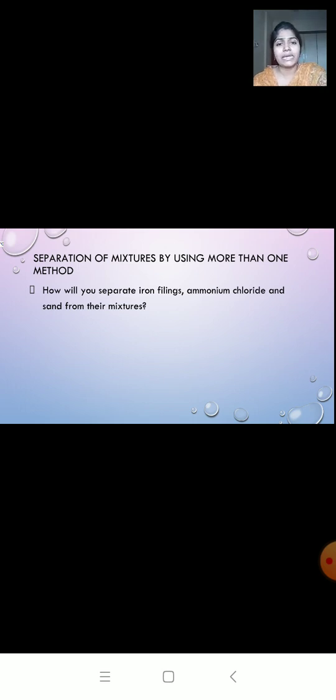What will happen to sand? Nothing. It will remain unchanged. So for such kinds of mixtures, we can use 2 separating techniques: magnetic separation for separating iron filings and sublimation for separating ammonium chloride.